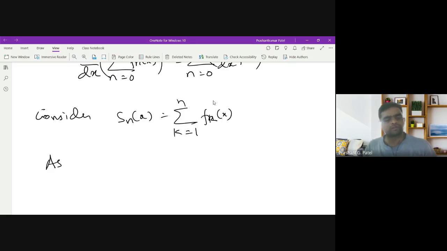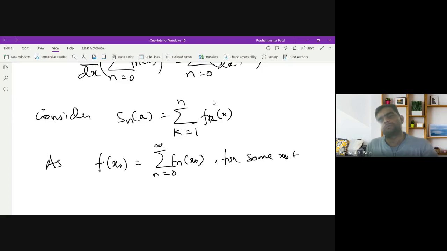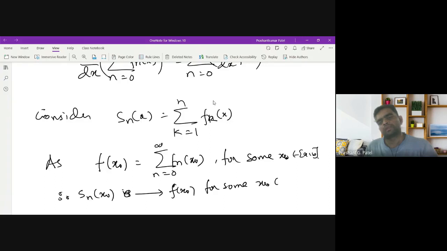So as f x0 is equal to summation n running from 0 to infinity fn x0 for some x0 in AB, I can say that this Sn x0 converges to some function, that is exactly f x0 for some x0 belonging to AB. So the first condition is satisfied.